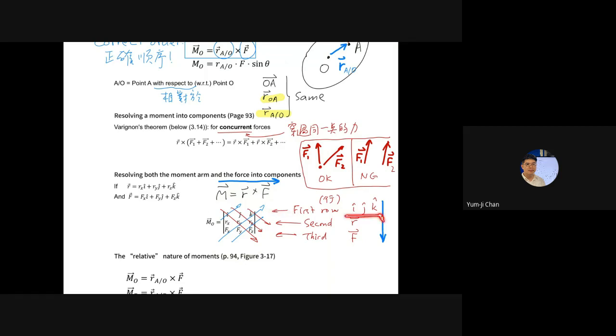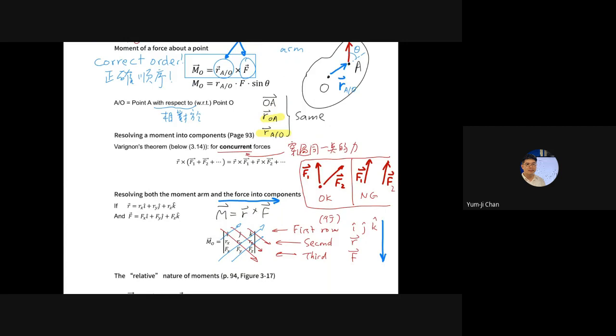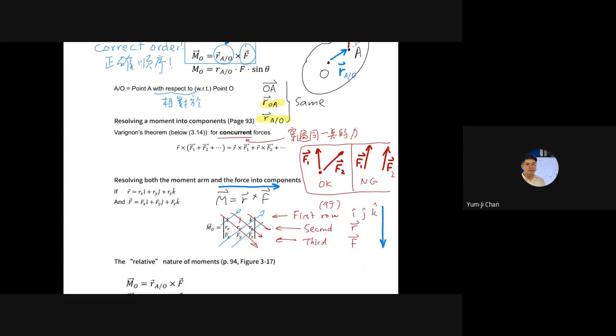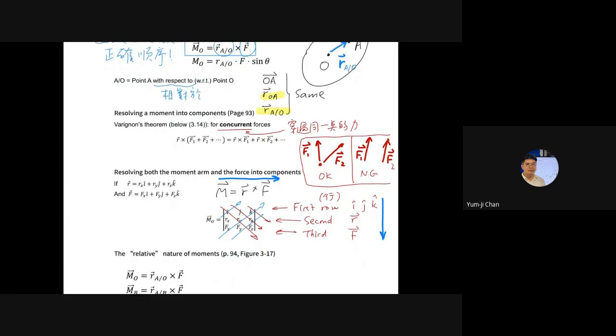And then the second row is R, and then the third row is F. Please keep the right order in order to do things correctly. Is that okay? So this was what we discussed on Thursday.